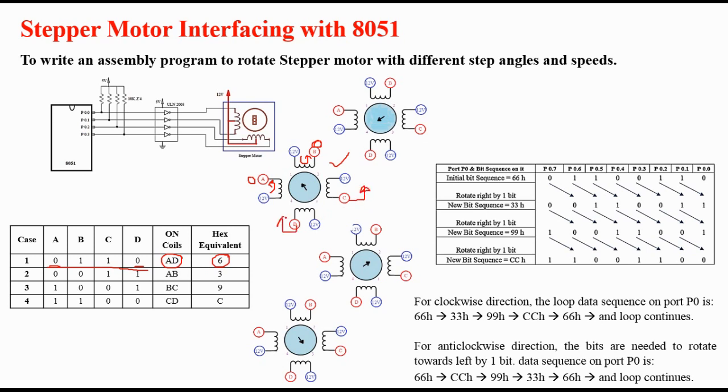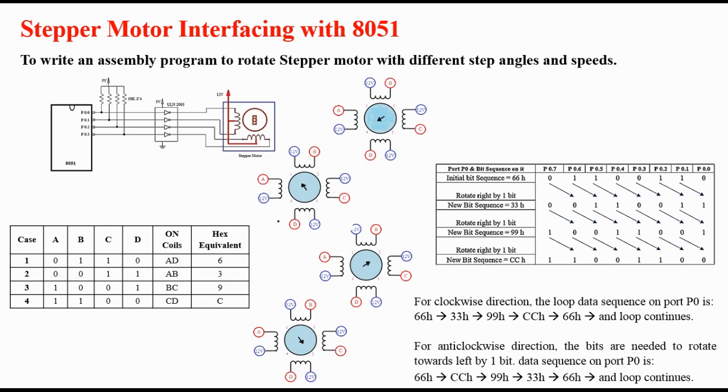Fine. So no current will flow through those coils, and as those two coils are activated, the shaft will rotate towards position 1. So coils A and B are active, C and D are inactive. If you convert 0011 into hexadecimal form, you will get 3.